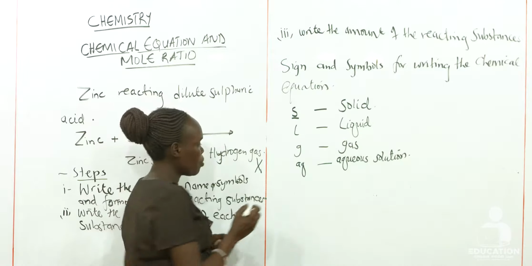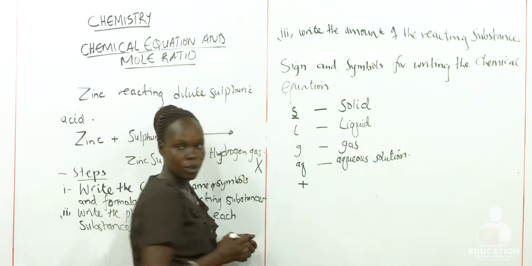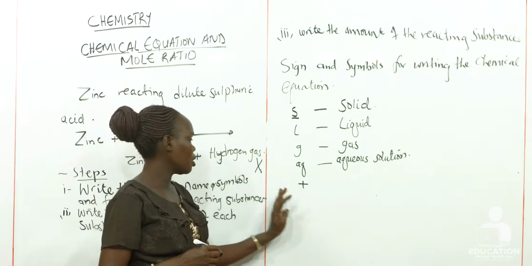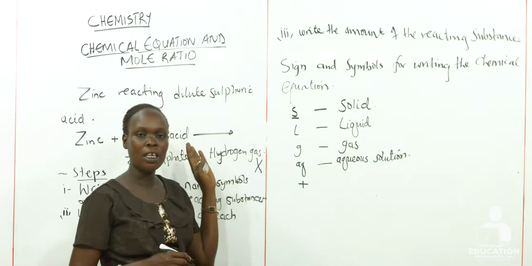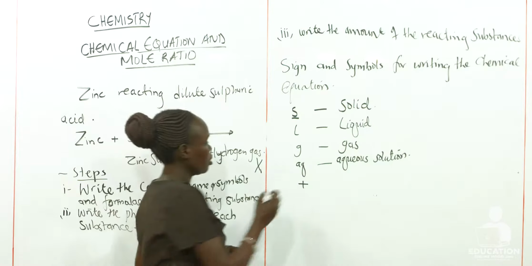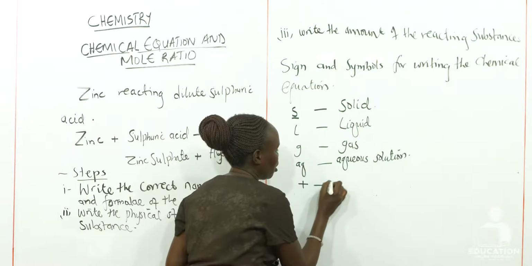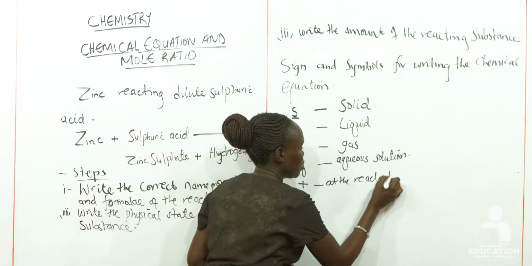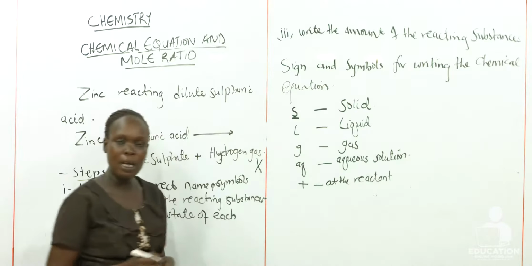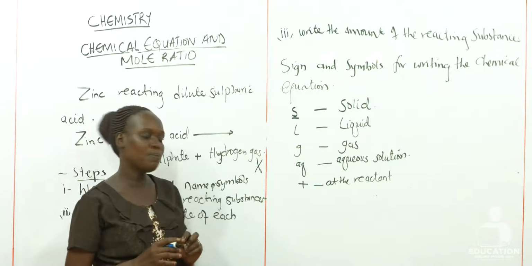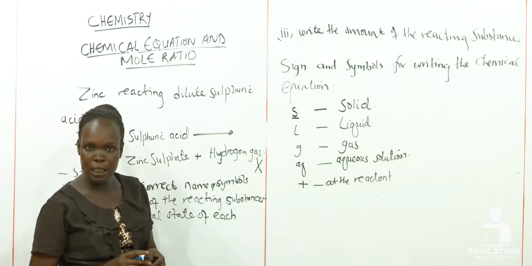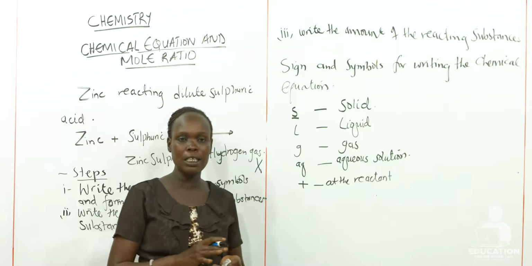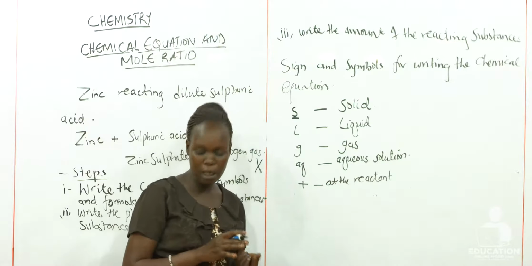So you can have a positive sign, the positive sign on the reactant side, or the left hand side of the chemical equation. At the reactant side, it shows a different meaning. This plus sign represents one thing at the reactant side, and on the right hand side, or the product side, it represents a different thing.